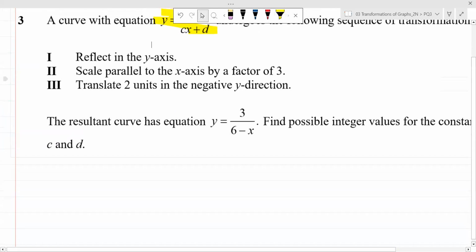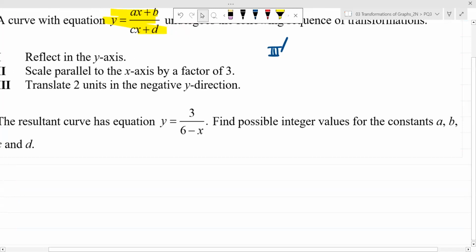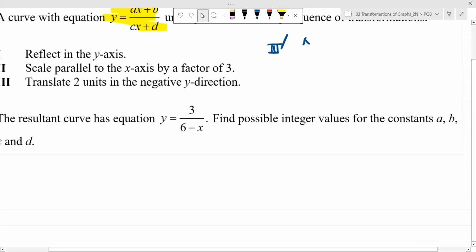Okay, so if I work backwards, I will start from the reverse of 3. The reverse of 3 is to translate 2 units. Let me write below.